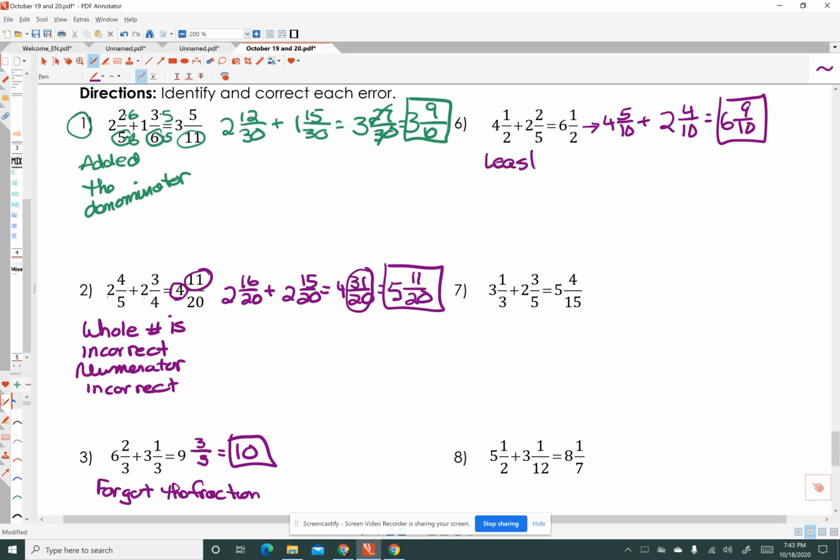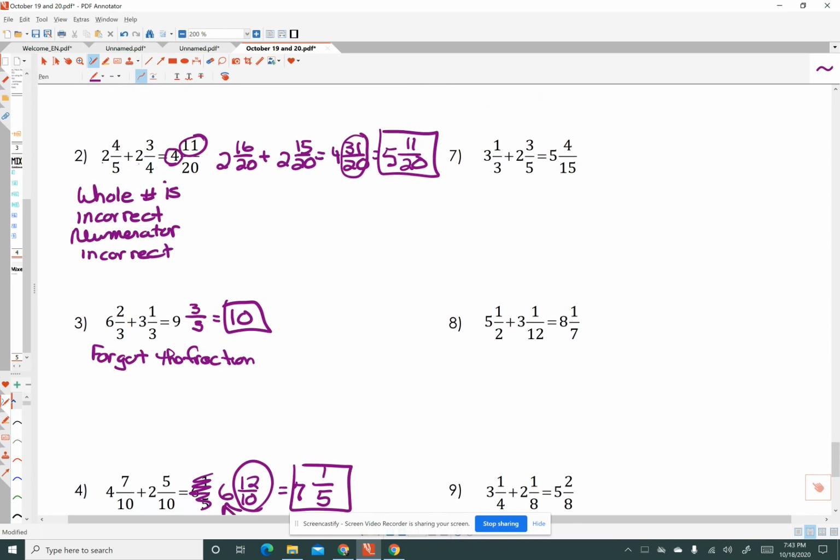So the least common denominator was written incorrectly. And it looks like they multiplied the denominators here.